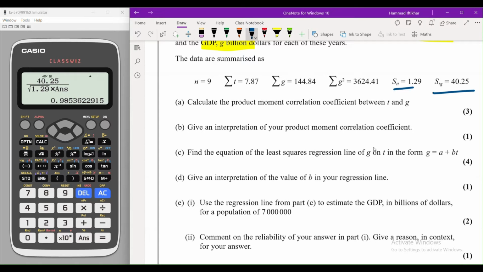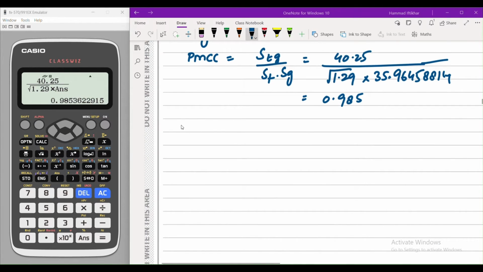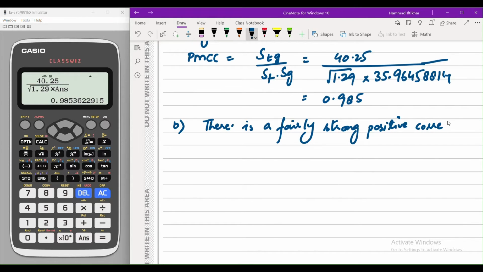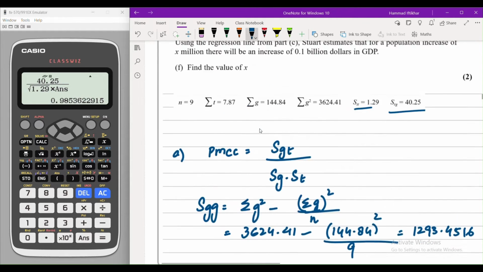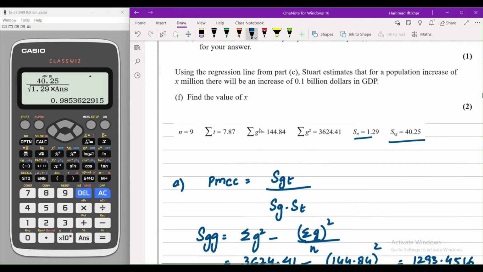Give an interpretation of your product moment correlation coefficient. So we have a strong positive correlation, basically. There is a fairly strong positive correlation between population and GDP.